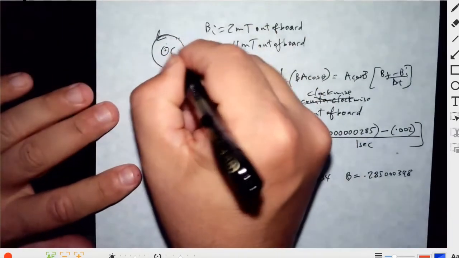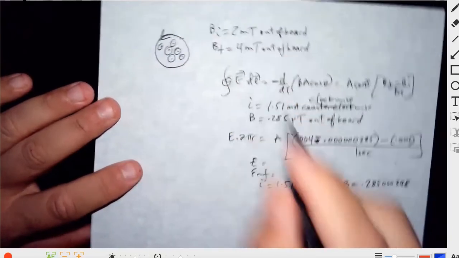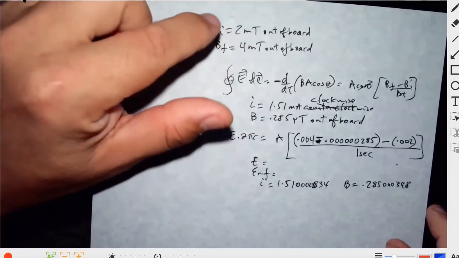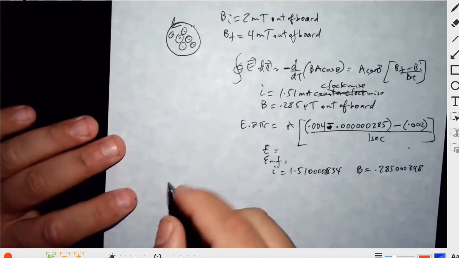How would that have changed the answer? I'm going to show you what I mean by the current and the B field created don't necessarily fight the B, but the change of the B. So far, maybe you don't know what I mean by that.